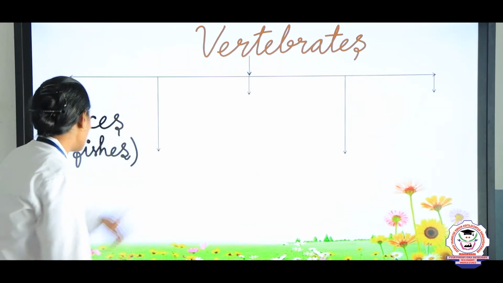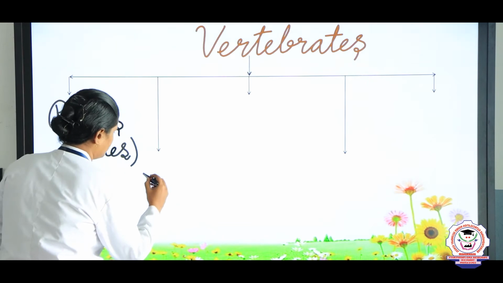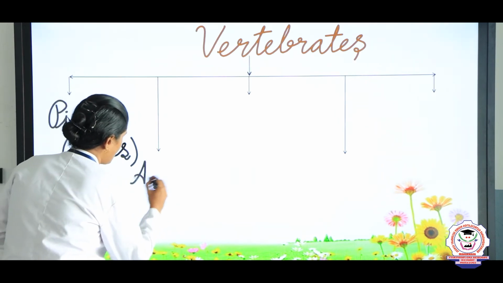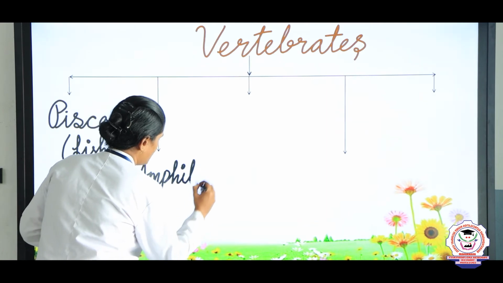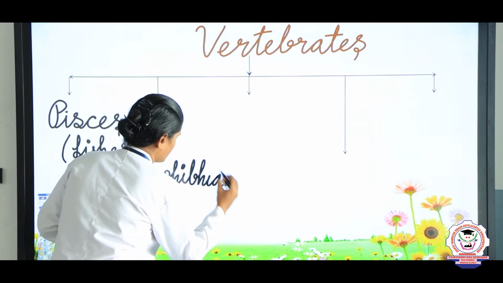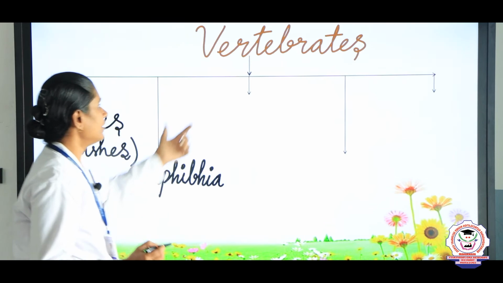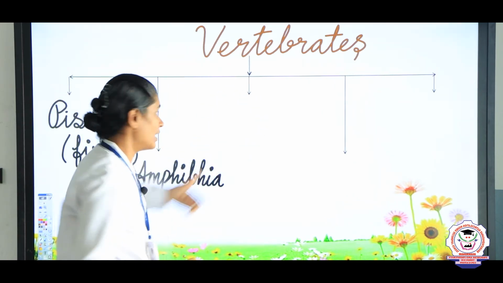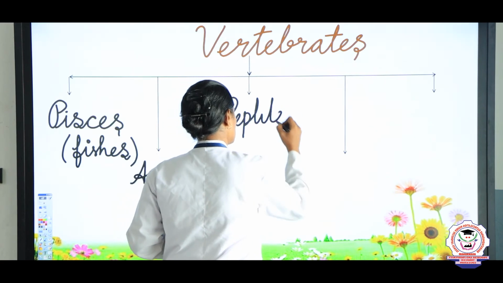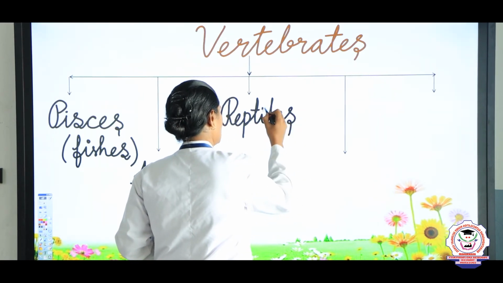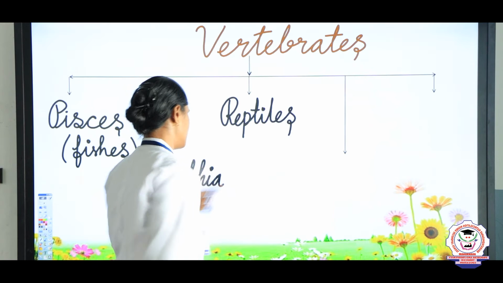Then the second one is Amphibia, A-M-P-H-I-B-I-A, Amphibia, right. And the third one is known as Reptiles, R-E-P-T-I-L-E-S, Reptiles.